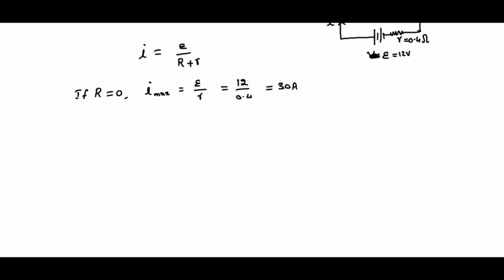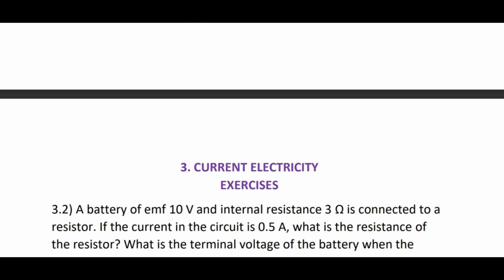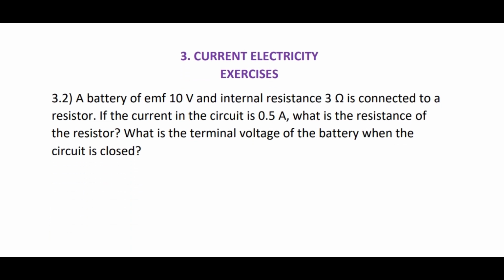Coming to 3.2. A battery of EMF 10 volt and internal resistance 3 ohm is connected to a resistor. If the current in the circuit is 0.5 ampere, what is the resistance of the resistor?